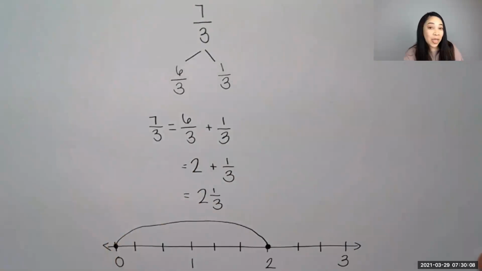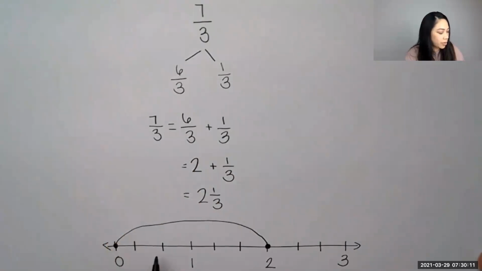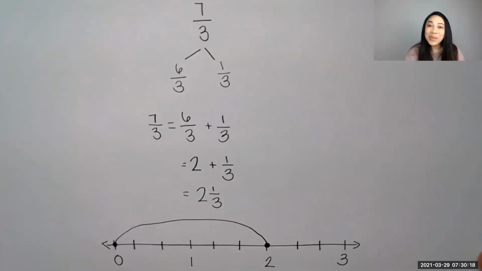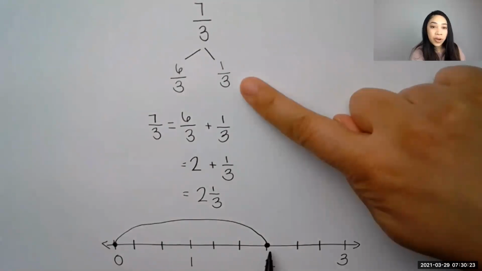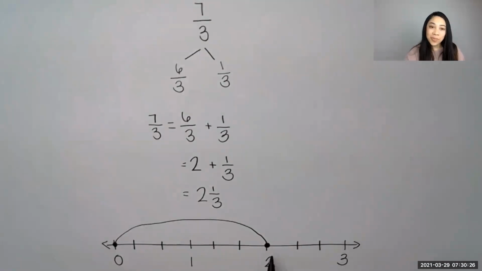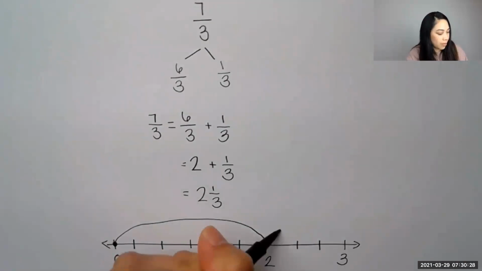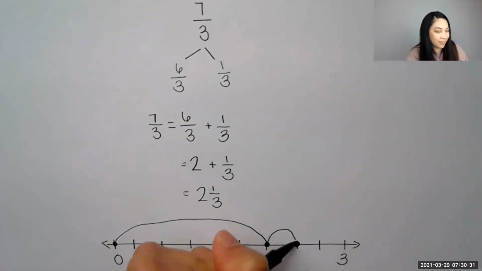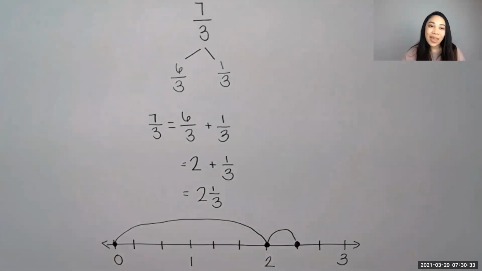And we can see that it equals 6/3 because when we count 1/3, 2/3, 3/3, 4/3, 5/3, 6/3 lands right at the number 2. Now our other part is 1/3. So we make one more jump to 1/3. And so we can see that 7/3 is equal to 2 and 1/3.